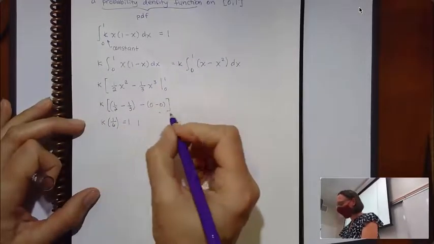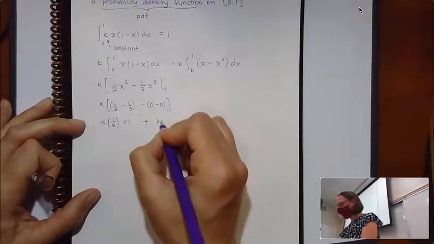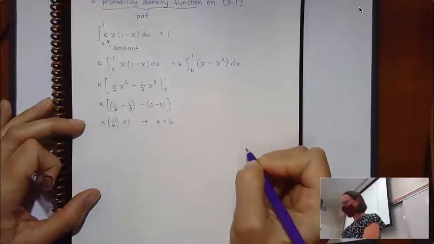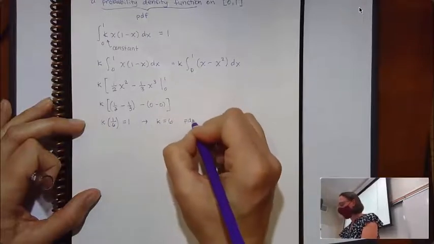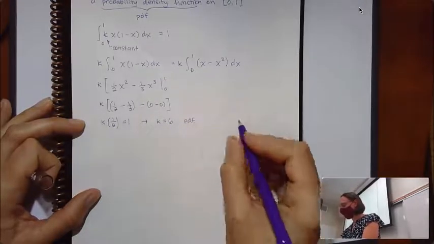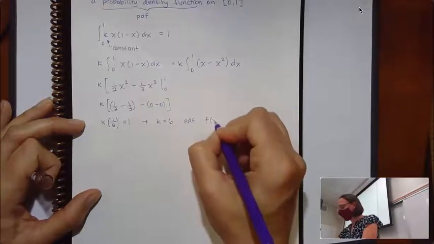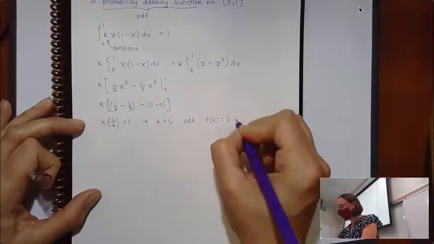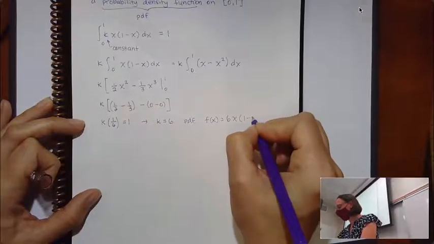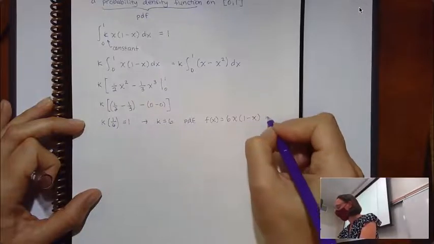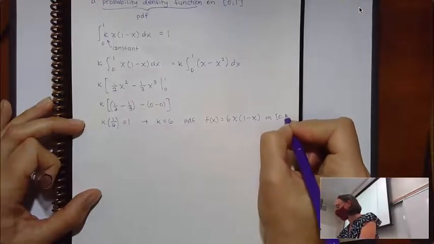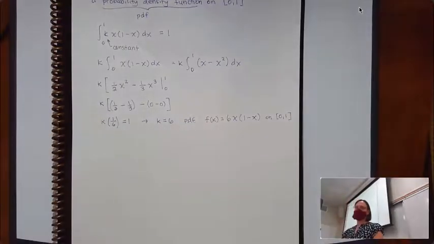And if I require that to be equal to 1, it means that K has to be 6. So my PDF, or my probability density function, should look like f of x is equal to 6 times x times 1 minus x on 0 to 1.